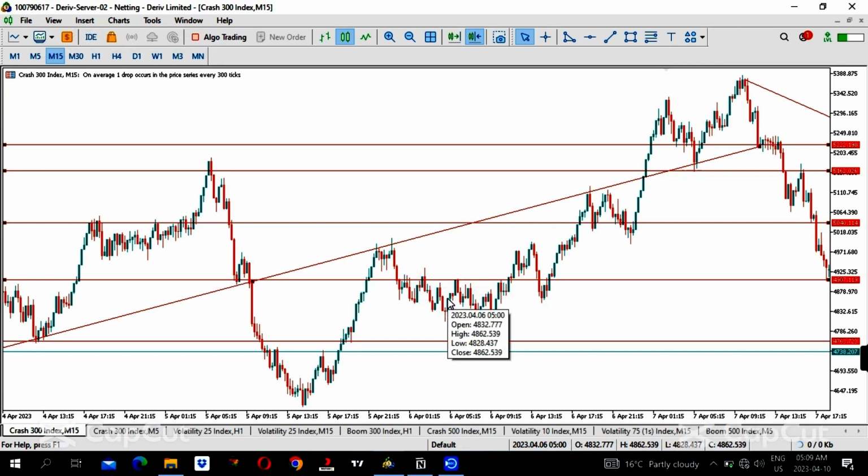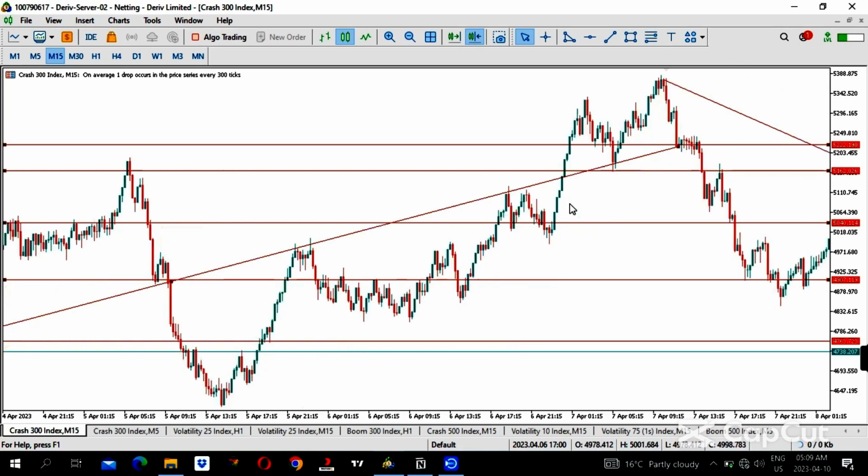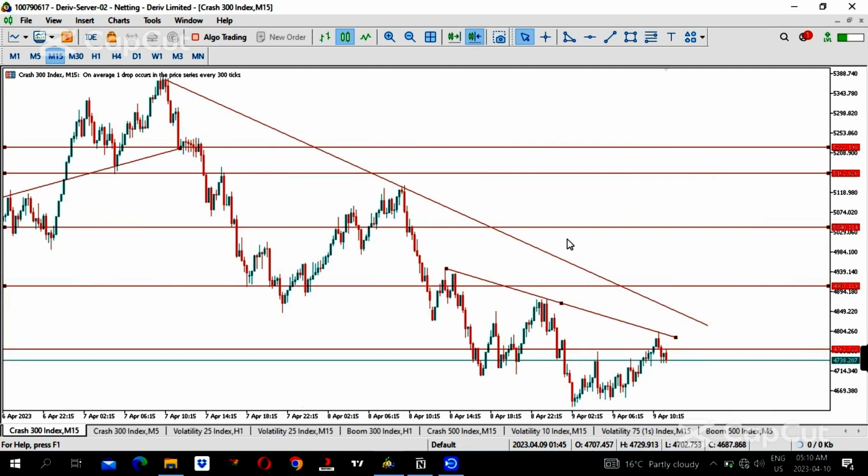But this way you have to incorporate higher time frame analysis, but overall you would have been in profit. And if you are adjusting your stop loss to break even, you would have been stopped out, but you were in profit. So that's how you use this strategy in a nutshell.